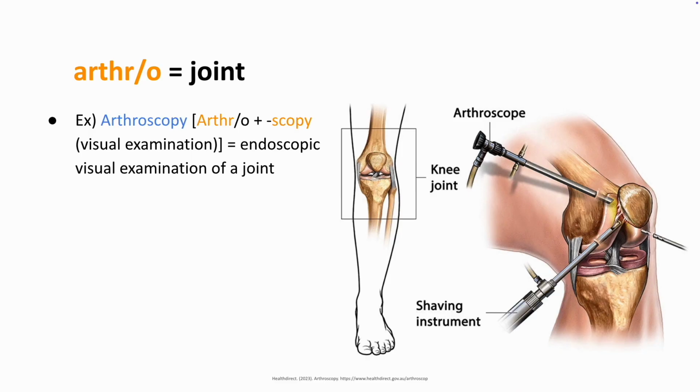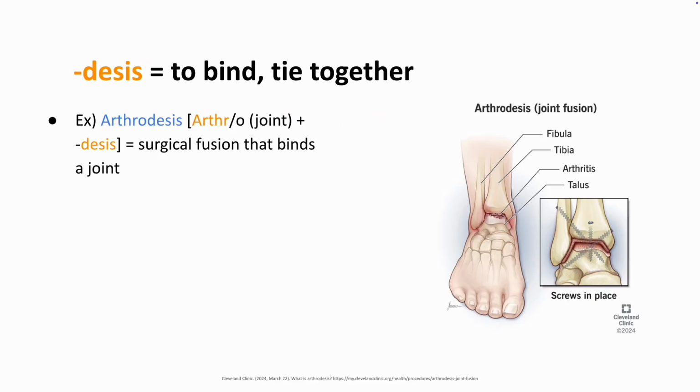Desis. The suffix desis means to bind, tied together. So arthrodesis, we said arthro is a joint, and desis, you bind the joint together. So surgical fusion that binds a joint is arthrodesis. One example, and I think this is more of an old method, is you could drill a nail or a screw into your bone so you can physically, mechanically connect your joint together.